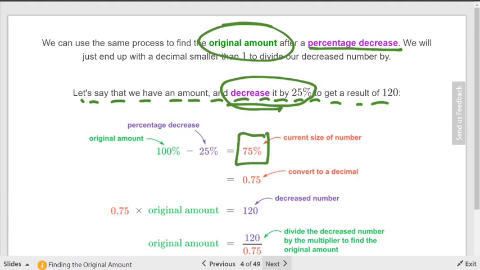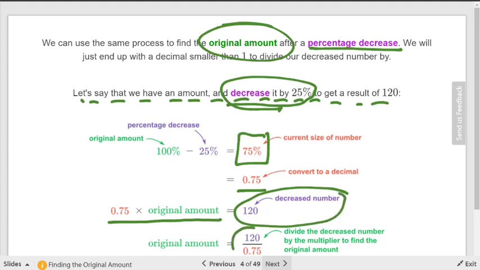So it's 75% of the number. But we can't work with 75. We have to change it to a decimal. What's that going to look like as a decimal? 0.75, okay? And so it would have been 0.75 times the original amount, but I don't know the original amount. So instead of multiplying by the original amount, I can simply divide the new amount.